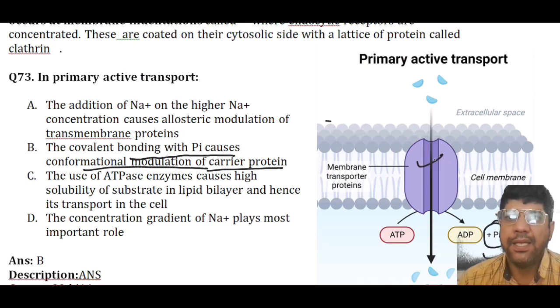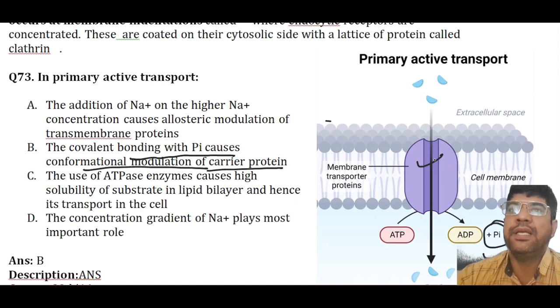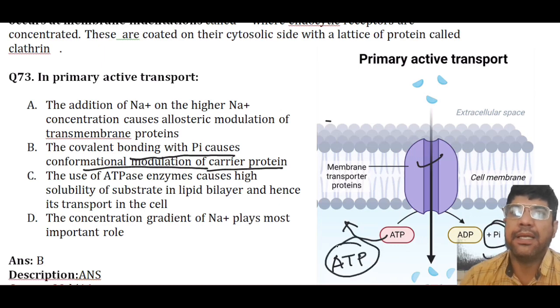So the energy source for primary active transport is usually ATP. So which energy is used? ATP. A common example is the sodium potassium ATPase.